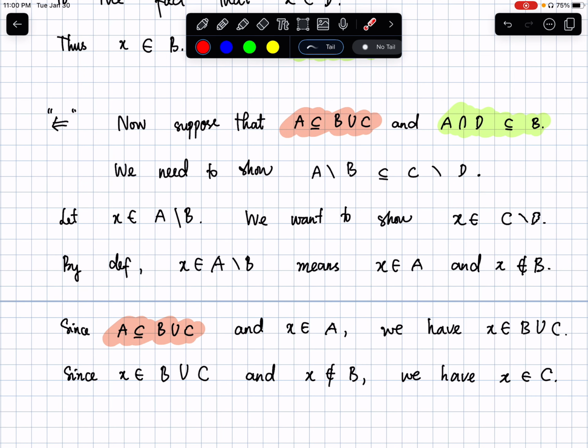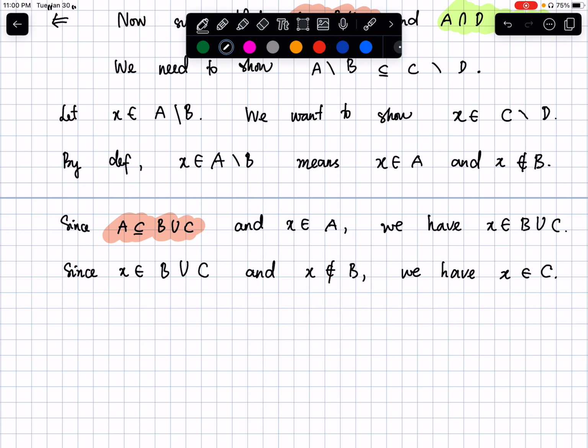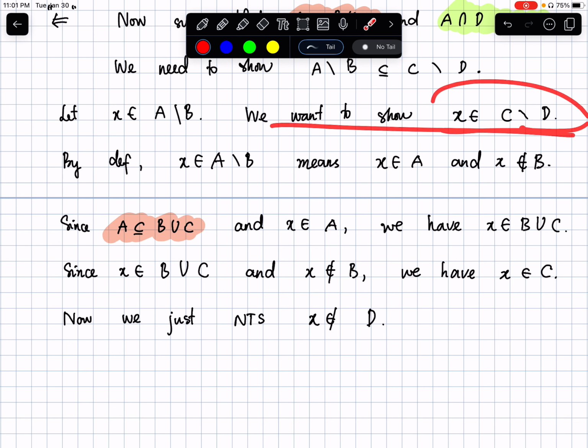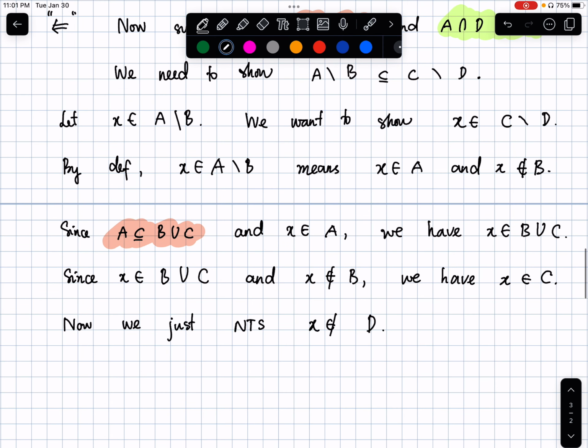Now, we just need to show that x is not an element of D. Because we already have x in C, and we just need to show x not in D. Therefore, x is in C minus D, right? Suppose not. Suppose x is an element of D. What can be wrong?